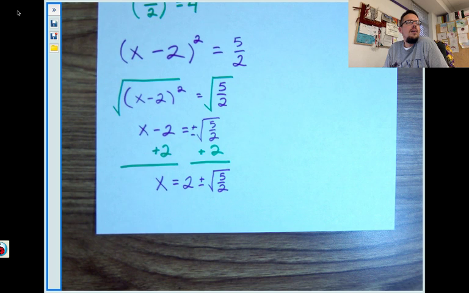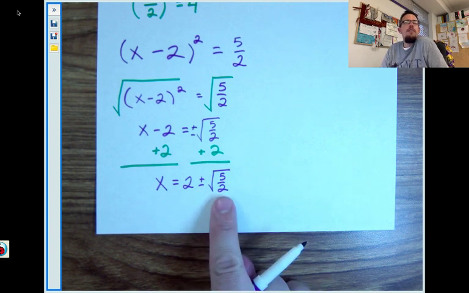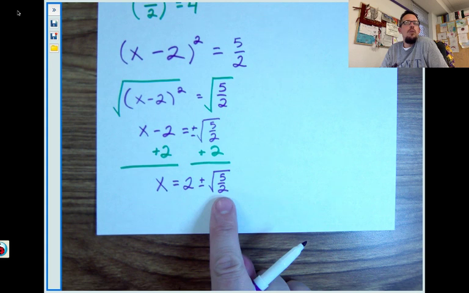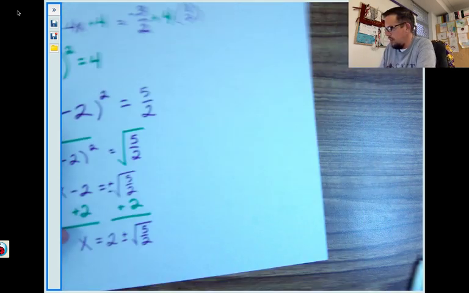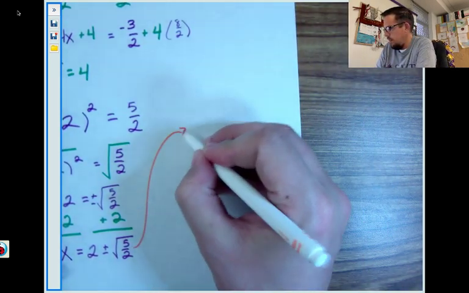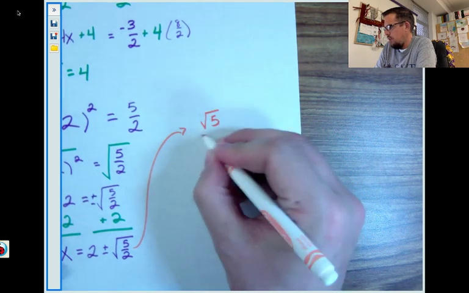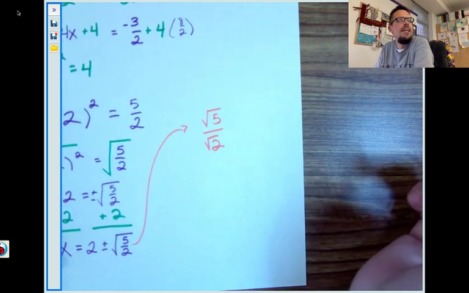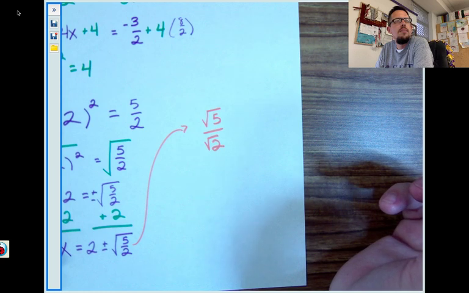Yeah, that is the square root of 5 over the square root of 2. We don't write answers with square roots in the denominator. We need to rationalize that denominator. So let's come do that over here. The square root of 5 over the square root of 2 is what that ends up being. How do you rationalize it?